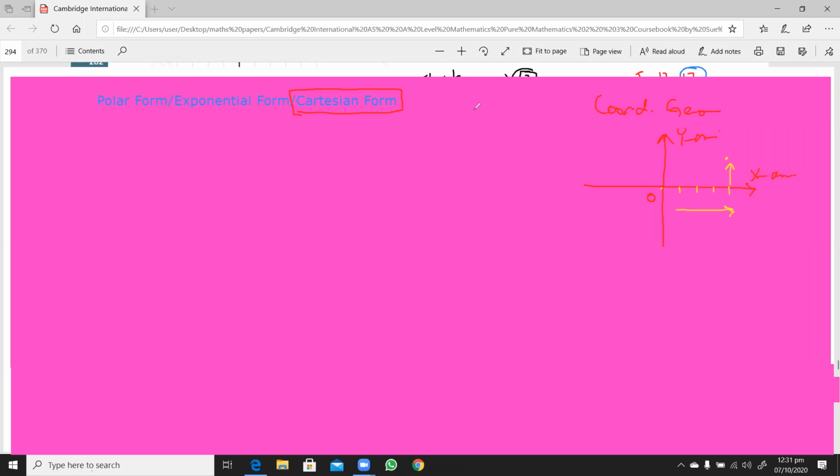For example, y is equal to 2x plus 3 is a Cartesian equation. Now if we have a complex number, 2 plus 3 iota, this complex number is written in Cartesian form.